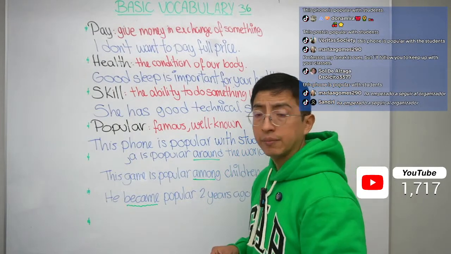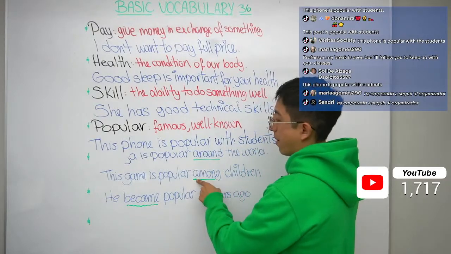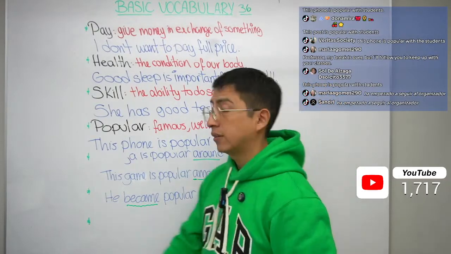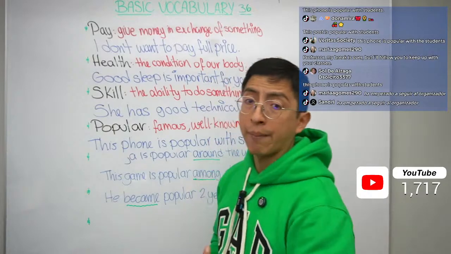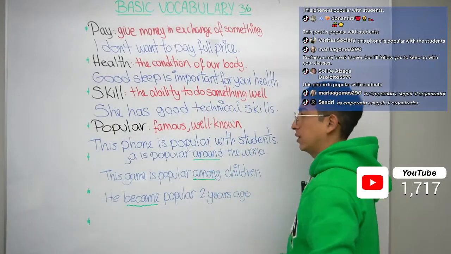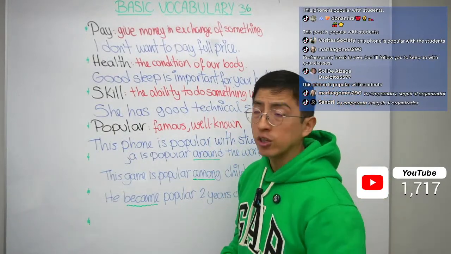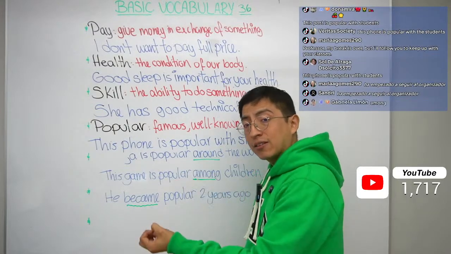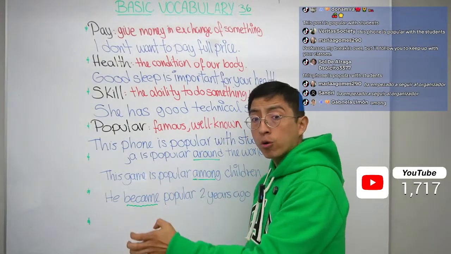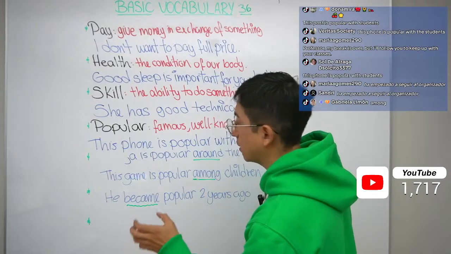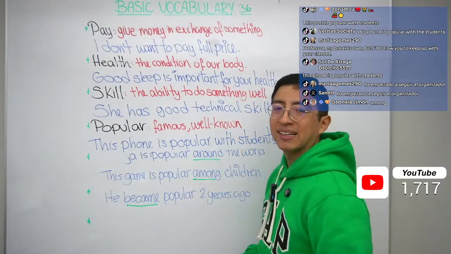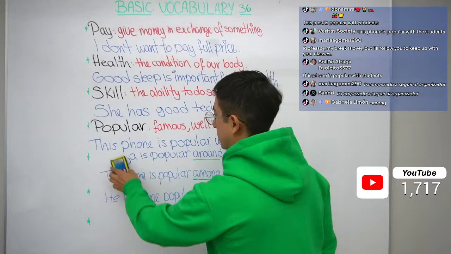Second possibility: among students. This phone is popular among students. It means every student wants that specific model, that specific cell phone. Okay, let's continue with the next word.